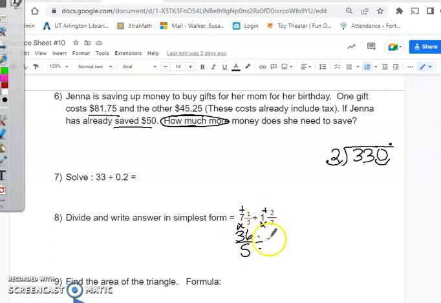Divide by 9/7. 7 times 1 is 7 plus 2 is 9. Then keep, change, flip. So keep this, change that to multiply, and flip that. And I'm going to tell you there will be a relationship right there. Okay?